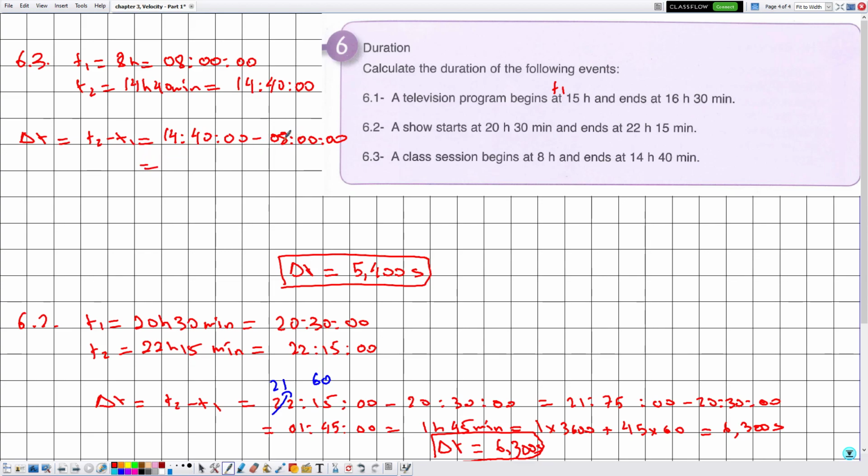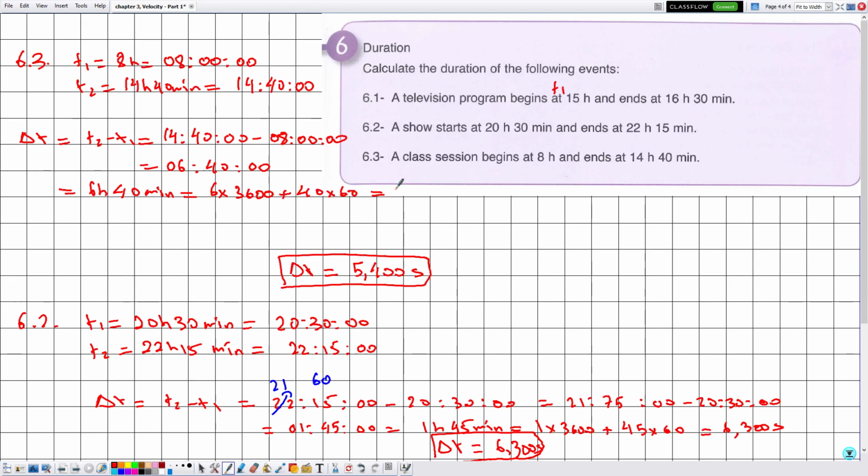So subtracting the hours, 14 minus 8 will give us 6. Then 40, because here the minutes is 0 and the seconds is 0. So this is given by 6 hours 40 minutes. Each hour contains 3600 seconds and each minute contains 60 seconds.